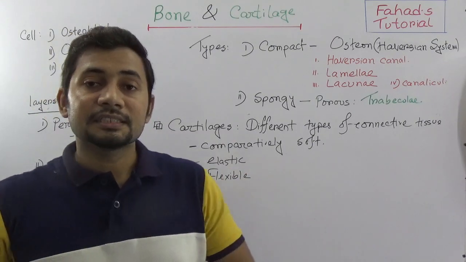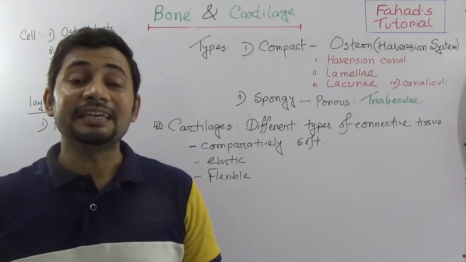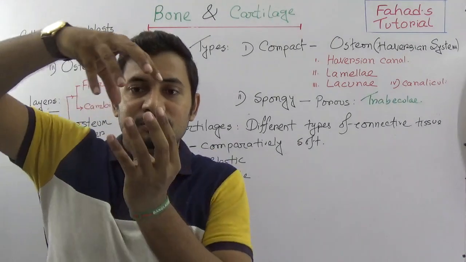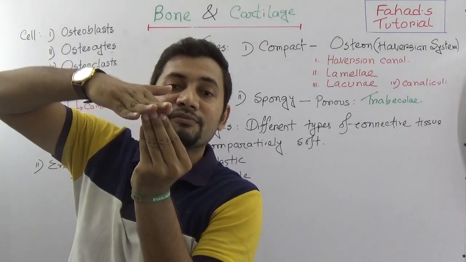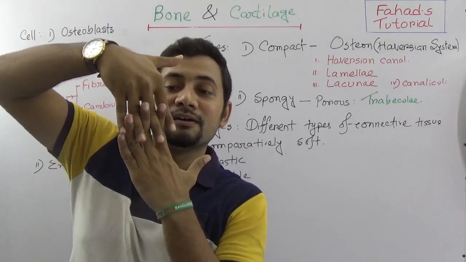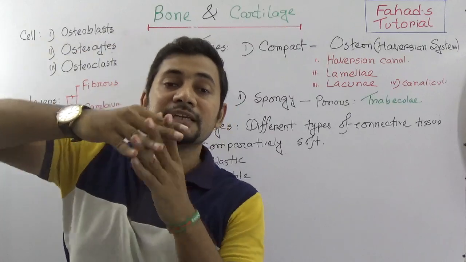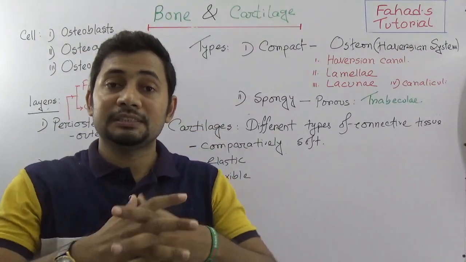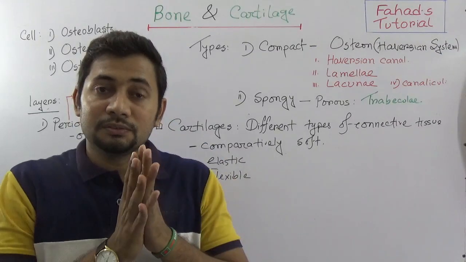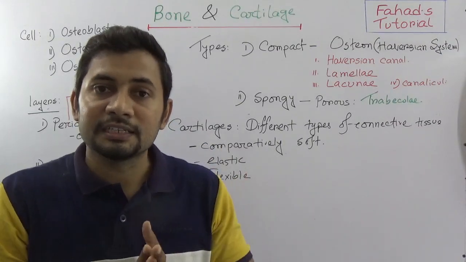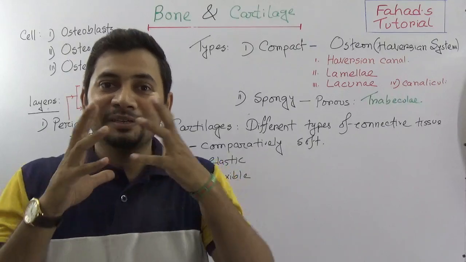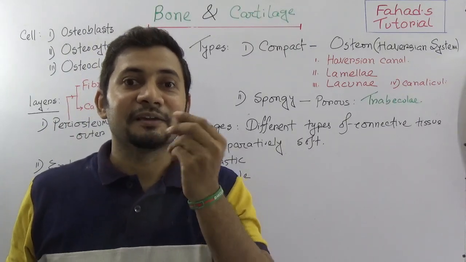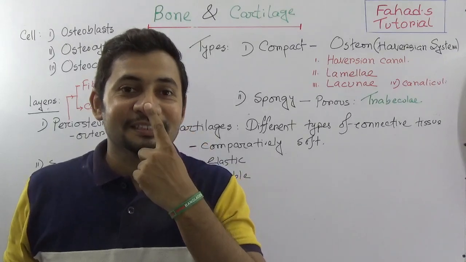Why? Because this cartilage is situated in between the bones. Like we have vertebrae, and in between two vertebrae we have cartilage, which gives flexibility to our body, and it protects the bones from rubbing against each other and from decaying. We have cartilage in many places, like the tip of the nose, which is very soft and is actually cartilage.